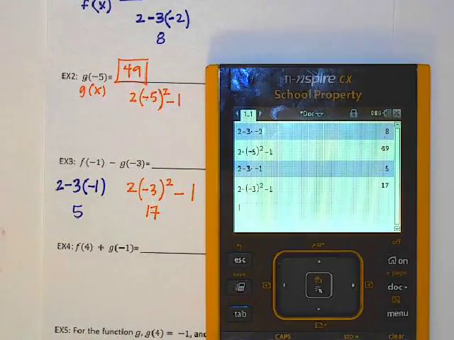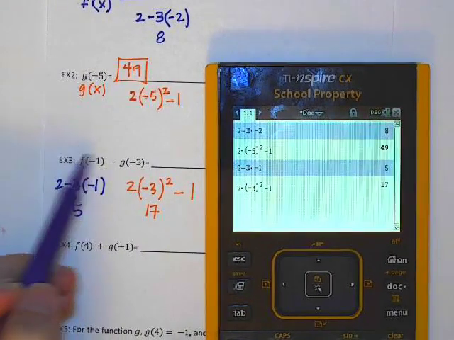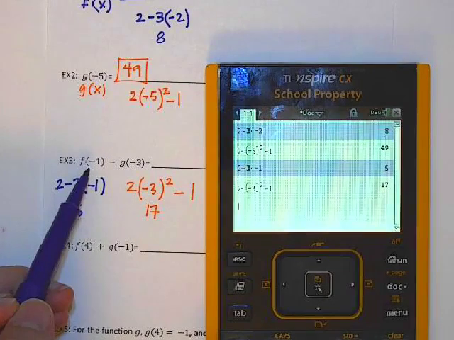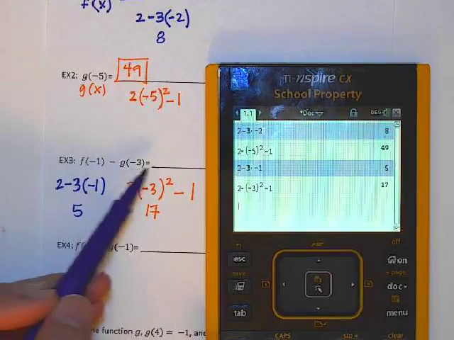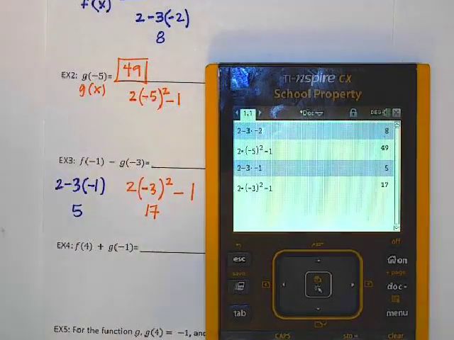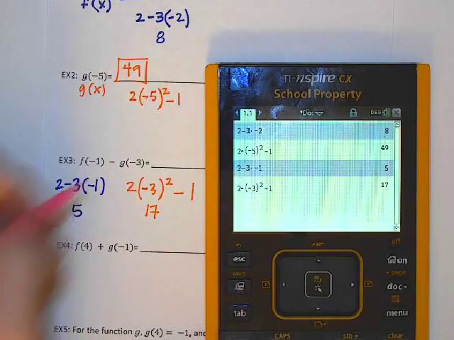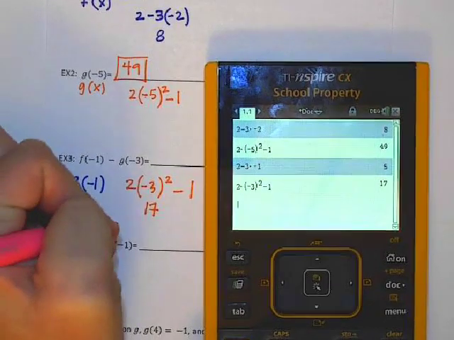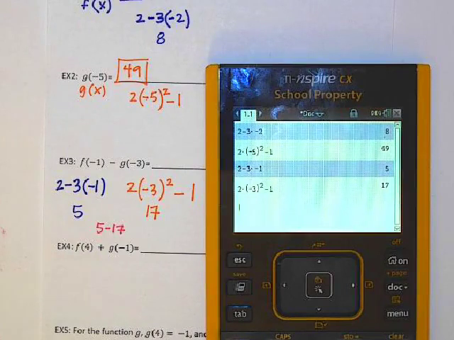Okay, am I done? No. Now I have to take the answer of f of -1 minus the answer of g of -3. So I'm going to say 5 minus 17. Does it matter which one goes first? Yes.